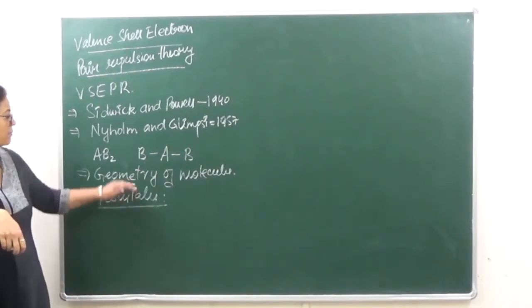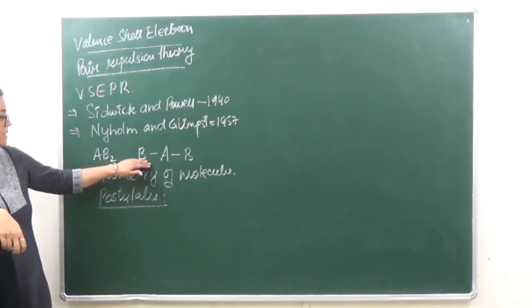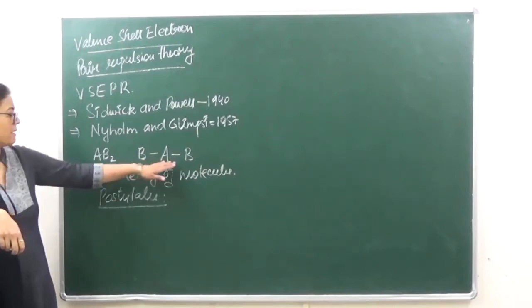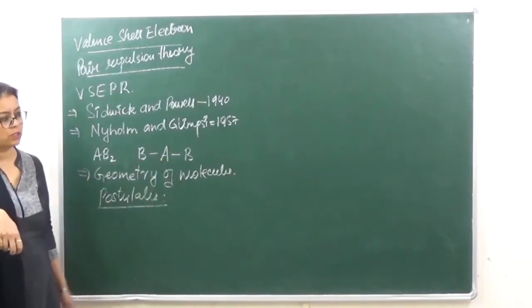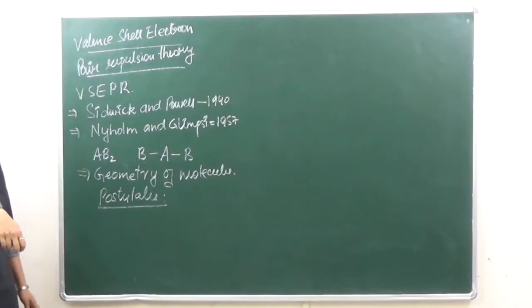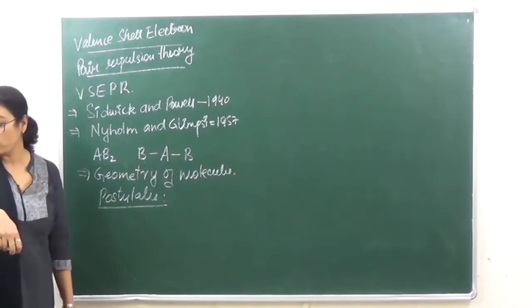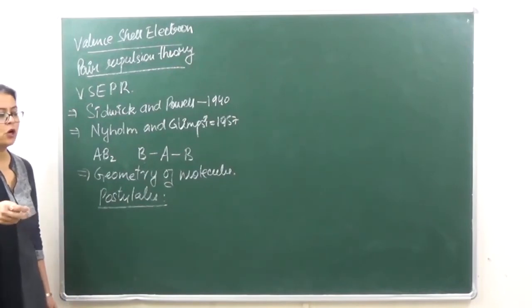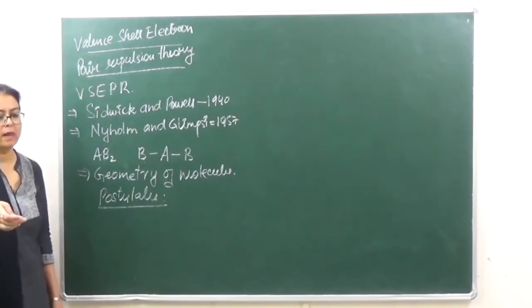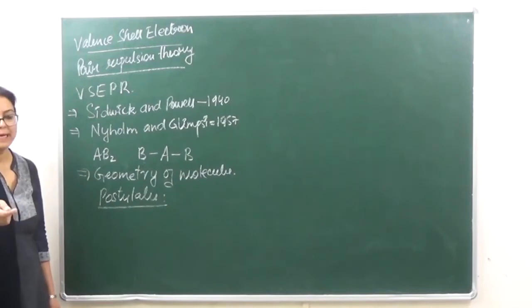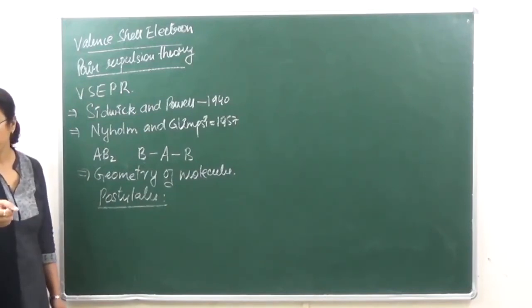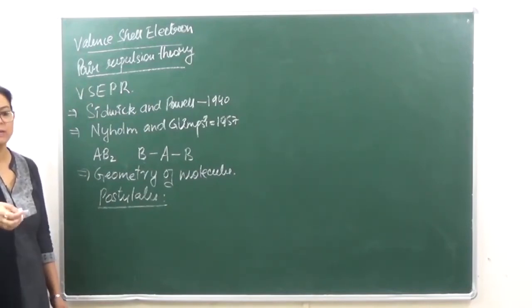So that is what is happening over here. It is minimizing the repulsion and maximizing the distance between the two. Then number four, the magnitude of different types of electronic repulsions.